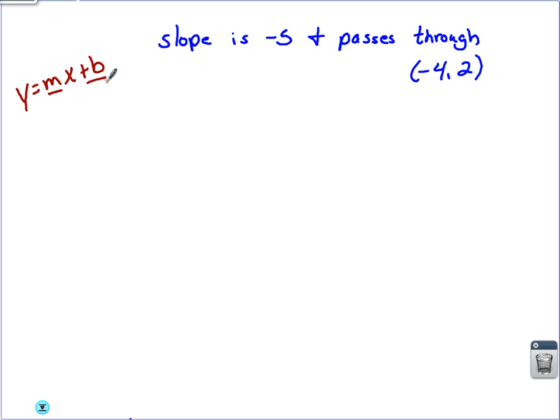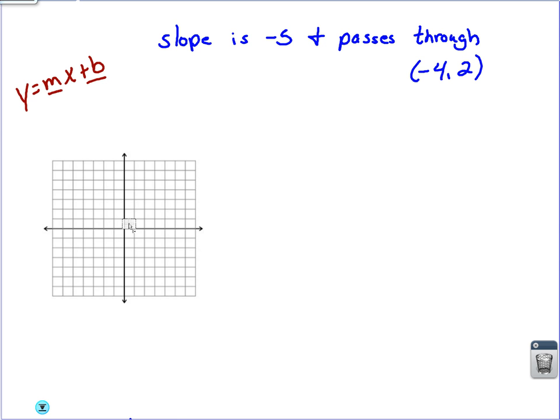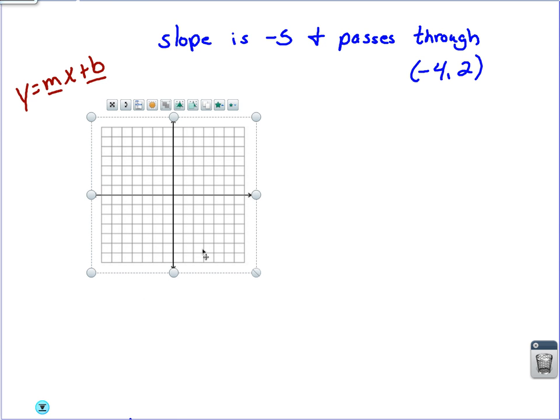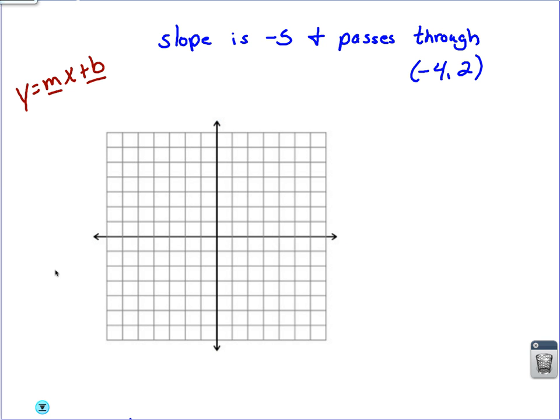So I'm going to talk about 3 different ways that you can actually work these problems. And the first way is probably the worst way. But if you choose to use this method, it is possible. I want you to get a picture of what we're actually looking for here. We have a line that passes through the point (-4, 2).